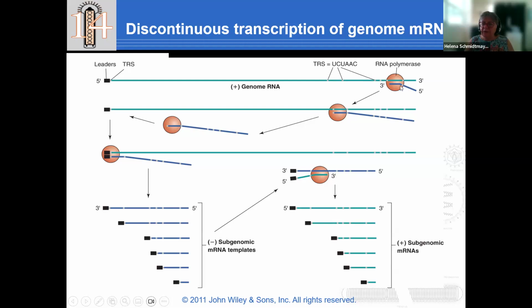When it disconnects from that RNA, it is targeted to this TRS, which is on the 3' end of the leader. Because they are complementary sequences, they anneal, and the polymerase completes the transcription.